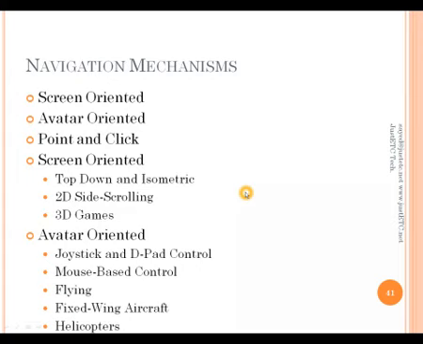These devices and the corresponding control mechanisms and navigation mechanisms are relevant to each other. Mouse based control is also avatar based, and you can use avatar oriented navigation for flying an aircraft, fixed wing aircraft, helicopters or something like that.